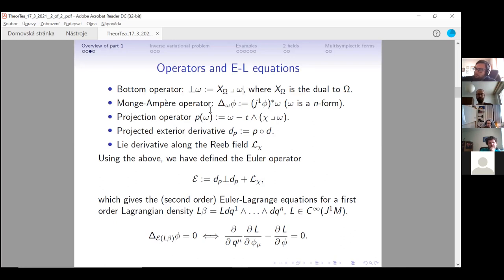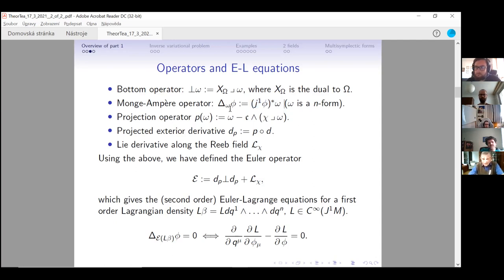Then we can consider the Monge-Ampere operator, for a fixed form omega, which is an n-form, where n is the dimension of the base manifold M. So if we fix some n-form omega, then the operator takes phi, and the result is this n-form on M.